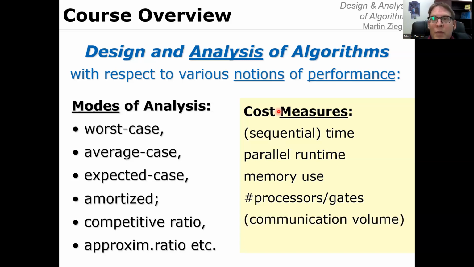Also applying to parallel algorithms is the communication volume, which actually we won't address in this course, but this is to give you an impression that there are so many different measures of algorithmic cost and different modes of algorithm analysis. And the design of analysis naturally follows the target, which cost measure and which mode of analysis we're actually interested in.